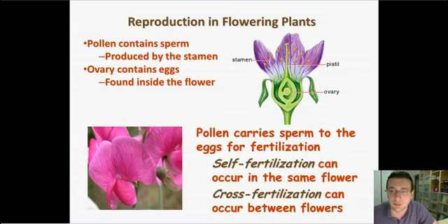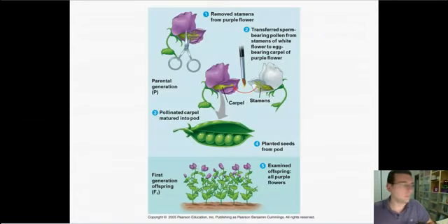Well, he used the process of self-fertilization. Basically, he crossed the flower with itself many times in order to guarantee that that flower was a pure breed flower. How do you do that? What he actually did is he got a flower and cut all the male parts out of it, and then he cut the female part out of another flower.